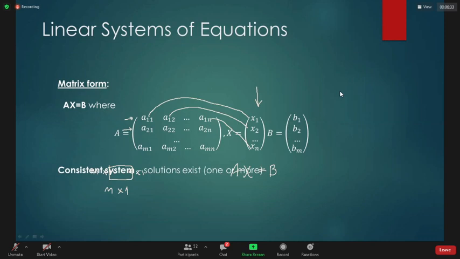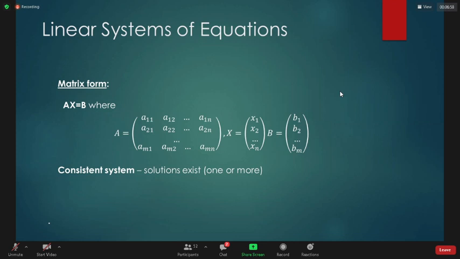Now we have several names. I will erase all ink. So consistent system. A system is called or said to be consistent if solutions exist. If there are solutions, maybe one, maybe more than one, but it's consistent. That is, there's no contradiction in the system.